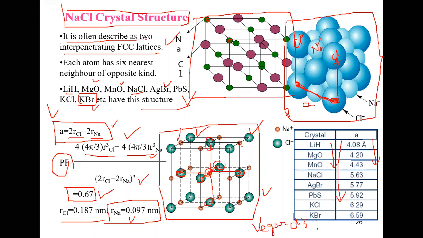According to Vegard's law, atomic radius and lattice constant are directly related. If the atomic radius increases, the value of a will increase, and the unit is angstrom. So the lattice constant of sodium chloride is 5.63 angstrom, or 0.563 nanometer. Similarly for the other groups.